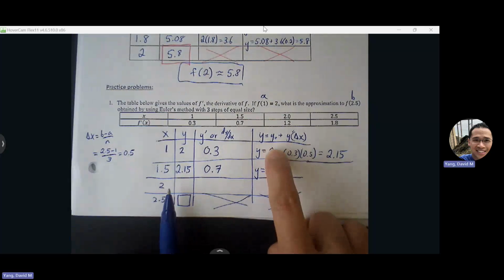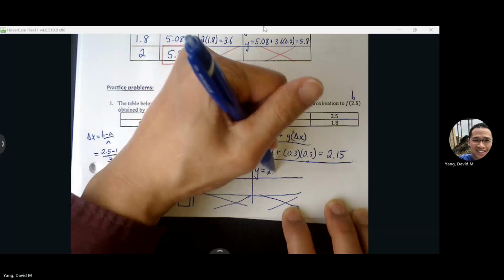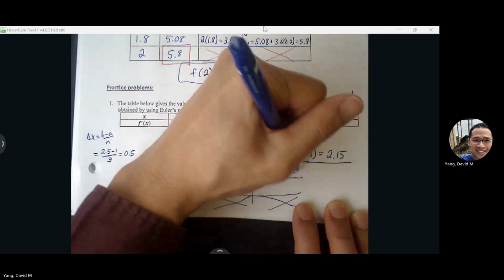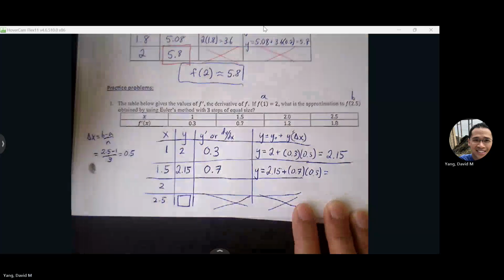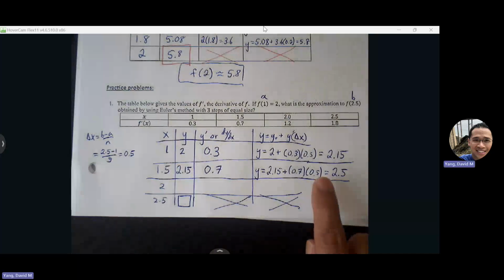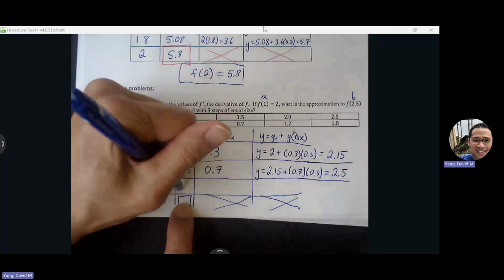So we need the current y value, which is 2.15, plus y prime, the current slope, times delta x. Whatever y value that you get, bring that over to the next row.